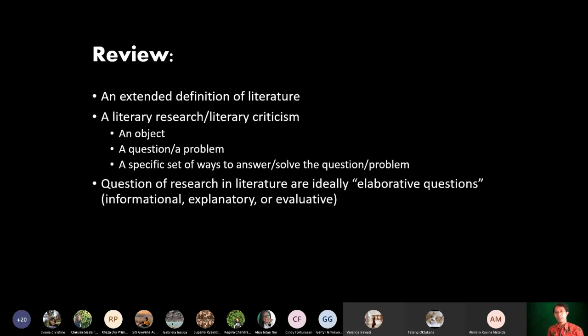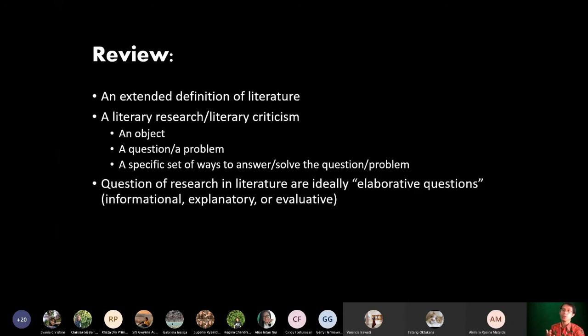What I mentioned to you last week was that the questions that we can ask in literary research are elaborative questions, whether they are informational, talking about objects, place, or time related to a work that is not clearly stated in the work, which is why it's called informational, or whether it is explanatory, such as to explain how something happens or what causes something or what the effects of something are.